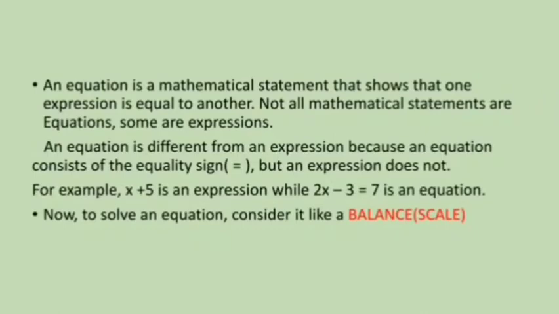An equation is different from an expression because an equation consists of the equality sign, the equal sign, but an expression does not. For example, x plus 5 is an expression, while 2x minus 3 equal to 7 is an equation. You can see that there's an equal sign in the second example.